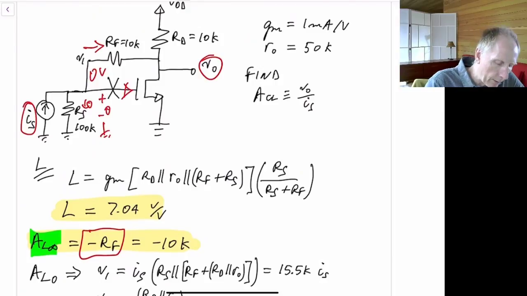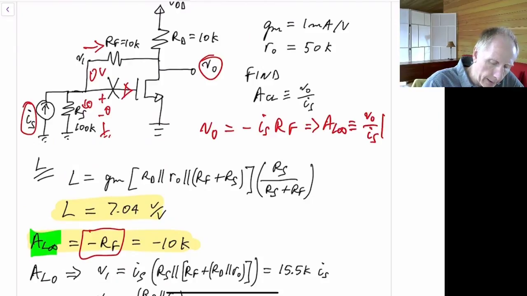So V out will just equal minus IS times RF, and A sub L infinity is equal to V out over IS as L goes to infinity. So we just bring this IS over to the left side, and we have the result is just minus RF.